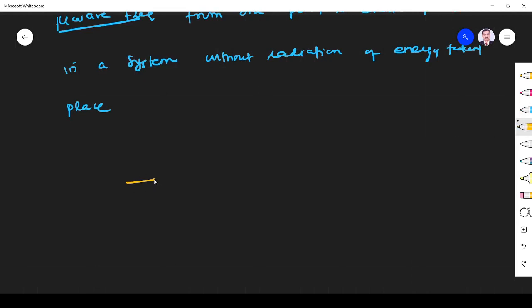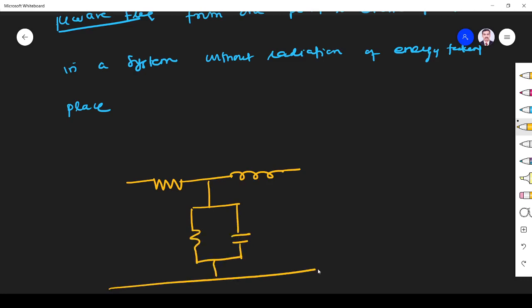That is given like this. Fine. So it has R and L in series and G and C in parallel, right? So it goes like that. Fine. So this is resistor, inductor, conductor, and capacitance.